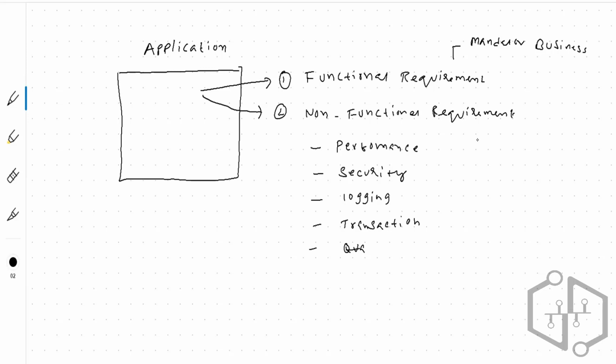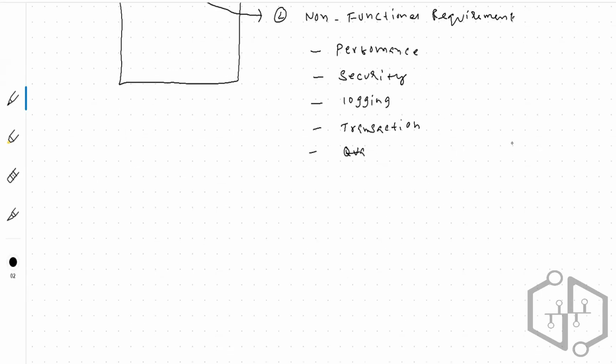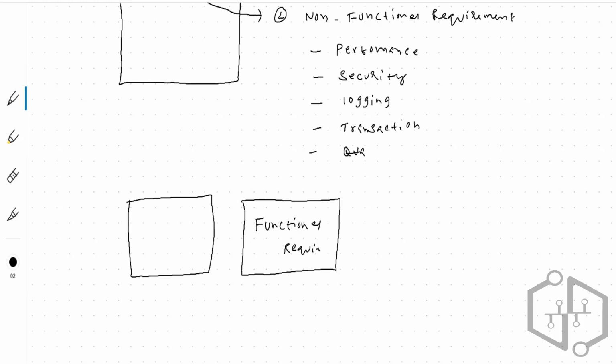So they are both important. Exactly, both important. Then, if you separate the functional requirement and non-functional requirement, it means you ask your developers to focus only on the functional requirements, and you separate out the non-functional requirements, all these things for security, all the stuff.